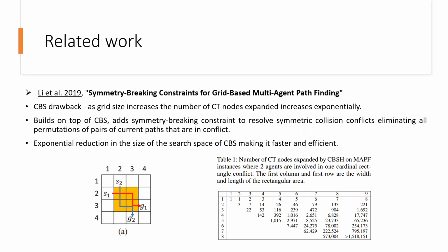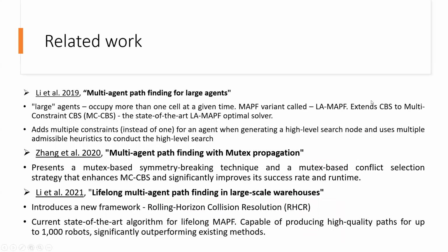It adds symmetry breaking constraints to resolve symmetric collisions, so that it can easily eliminate permutations of pairs of conflicts, thereby exponentially improving the compute time of CBS.